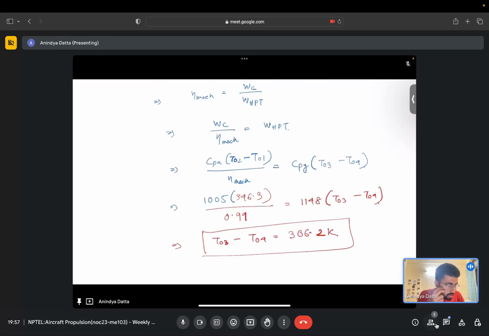Now what we are trying to do is find the temperature at state point 4. So the temperature at state point 4 will be 1100 minus 306.2, because our T03 was given as 1100.